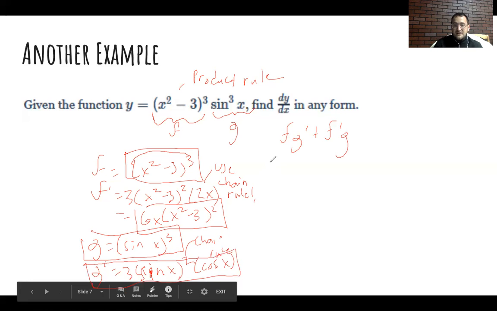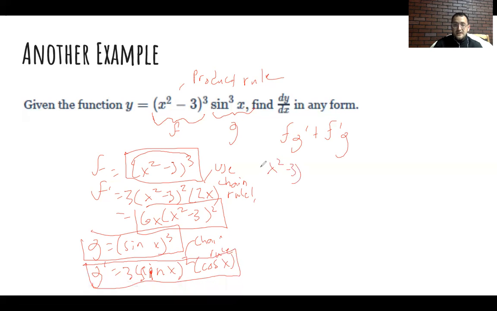So I have x cubed minus 3 cubed. I got g prime, which is 3 sine squared x cosine of x. These are really ugly final answers, but they are the final answers, fortunately.